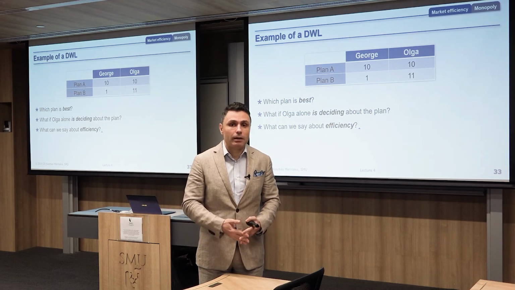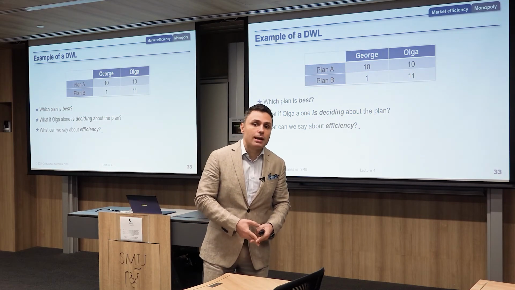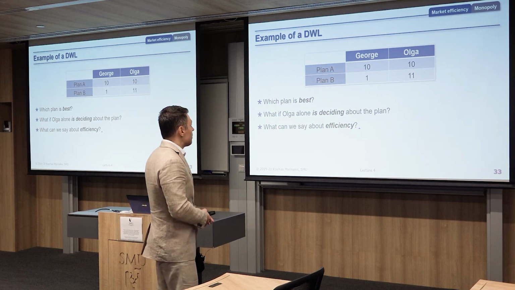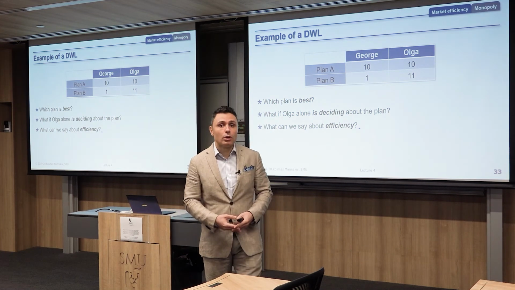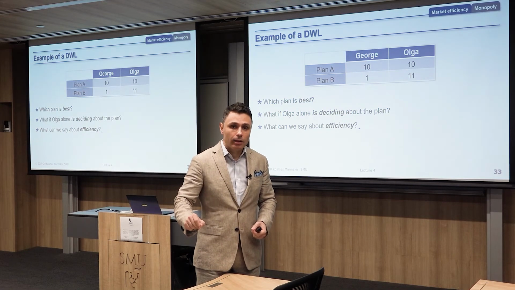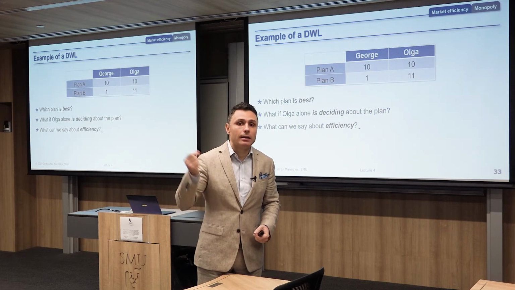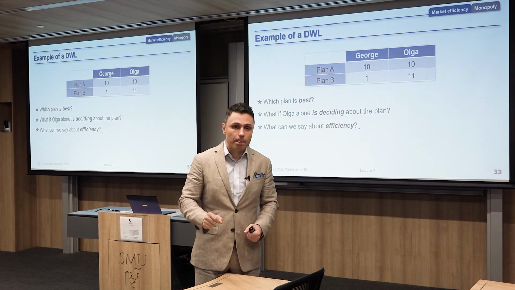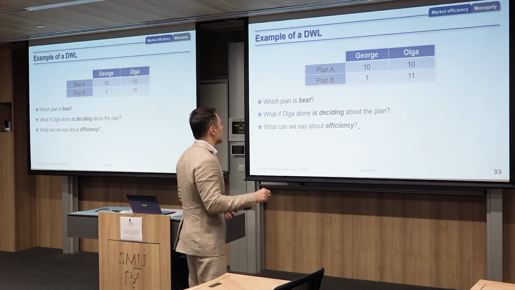I don't really care. Then I can go to George and I will tell him, listen, if I convince Olga to select plan A, to choose plan A, you will receive 10, but you will give me 1 and you will keep only 9. But I guarantee to you that you are not going to end up with 1.